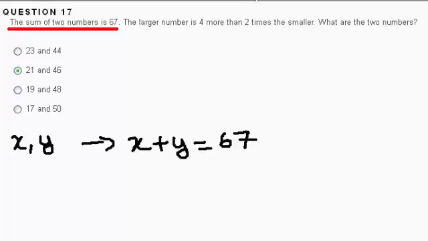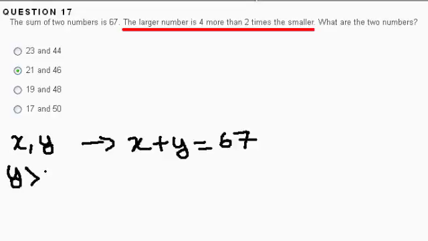As for the second part, which tells us that the larger number is 4 more than 2 times the smaller. So here we've got to decide whether x or y is the smaller number and which of the two is the larger number. I'm going to decide that x is the smaller number and y is the larger number. Therefore, y is greater than x.